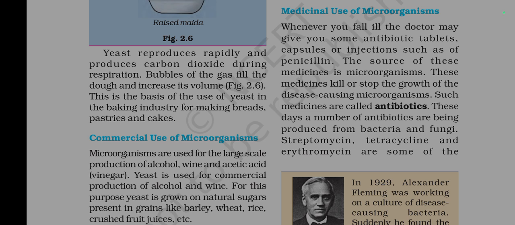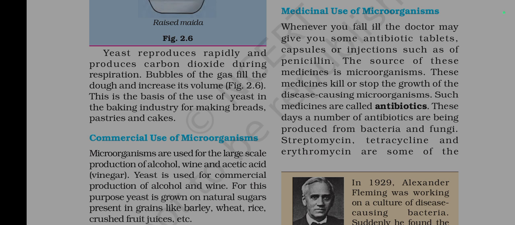So from here we can have a question: what is the work of antibiotics, or why do we need antibiotics? Antibiotics kill or stop the growth of disease causing microorganisms.